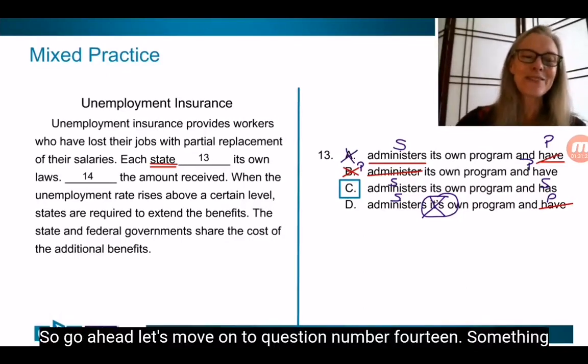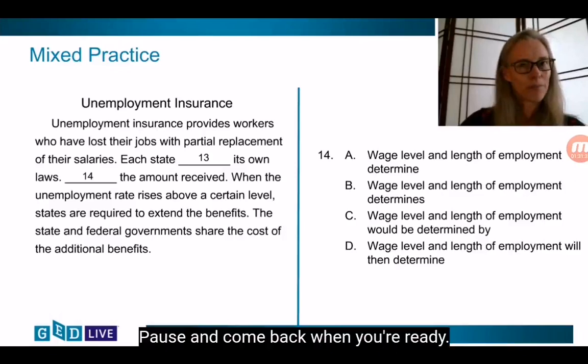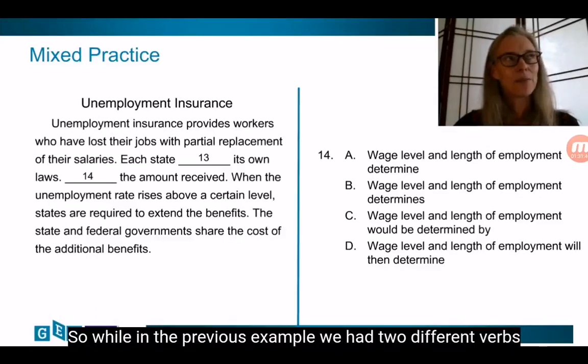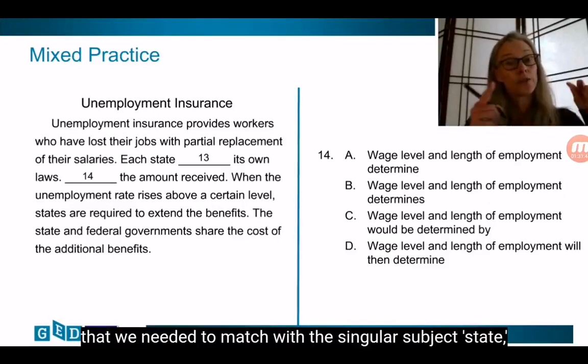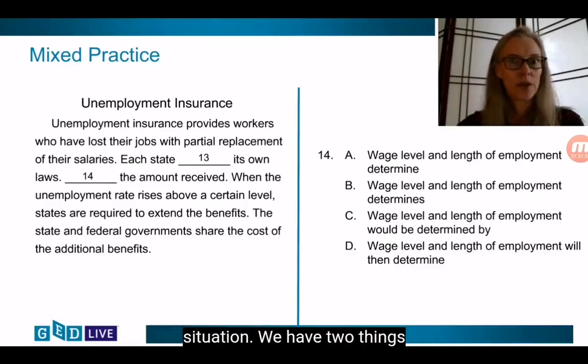So good, let's move on to question number 14. Something about the amount received. Let's take a look. Pause and come back when you're ready. And so while in the previous example we had two different verbs that we needed to match with the singular subject state, here we have that compound subject situation, right?